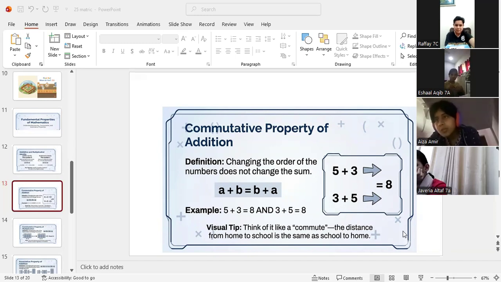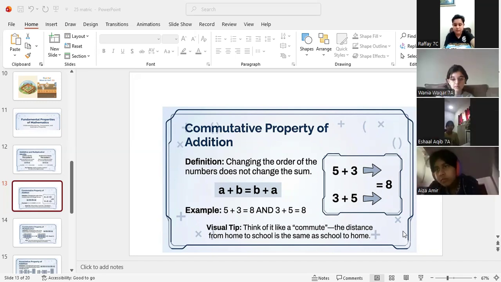Rafe, can you give me another example of commutative property? Then any other example? Yo, Taha. Yes, Taha. Unmute yourself, Taha.